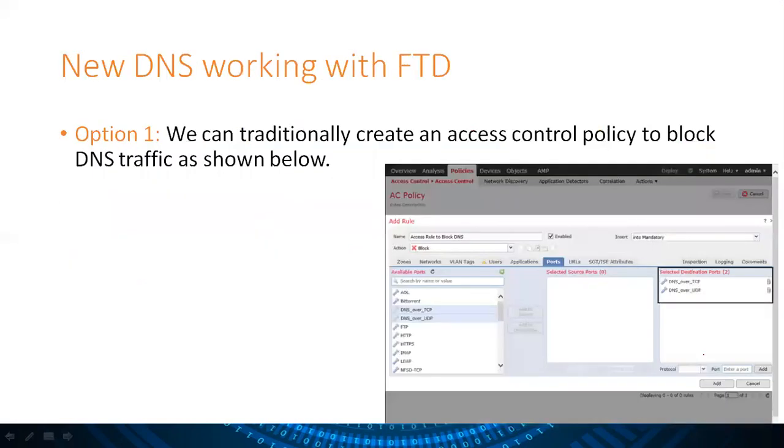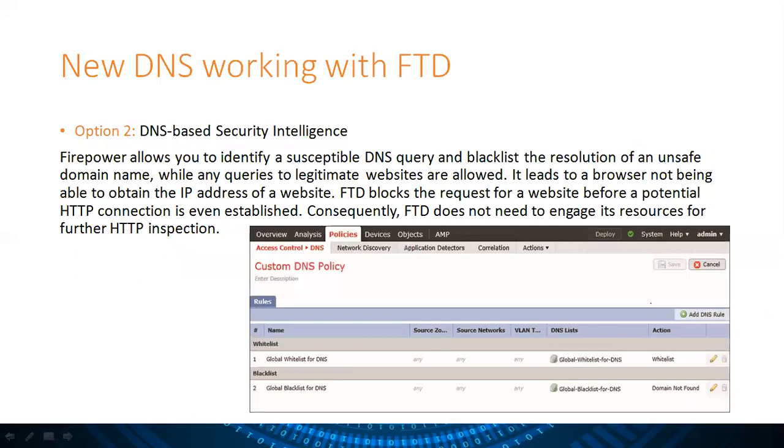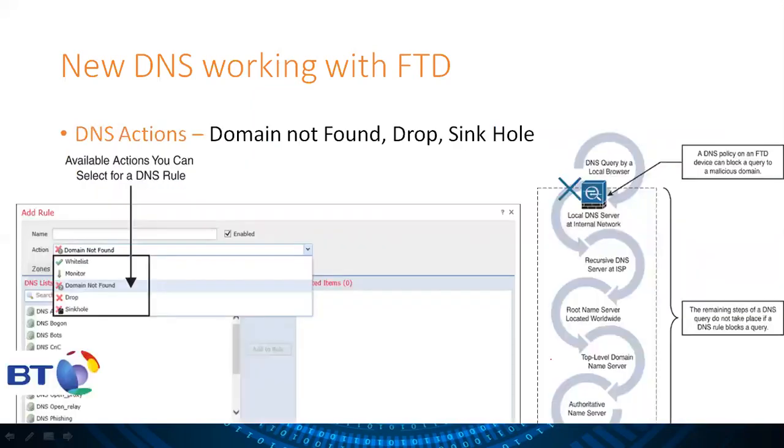With typical access control policies we can create on Cisco FTDs, we can define policies based on the DNS ports, and secondly, the DNS-based intelligence, where the Cisco Talos team provides its Cisco intelligence data, where we can create whitelisting and blacklisting policies, and based on your requirement, you can send the traffic to domain not found.